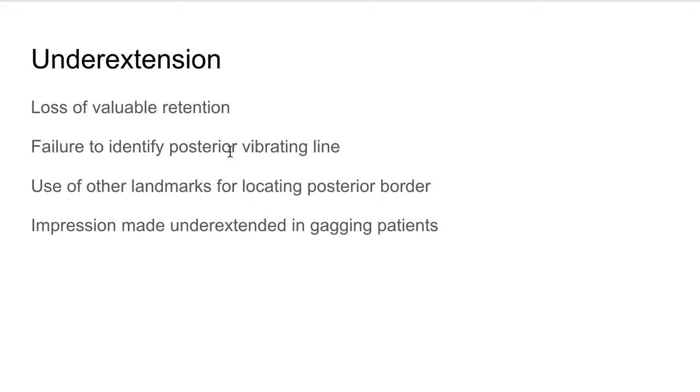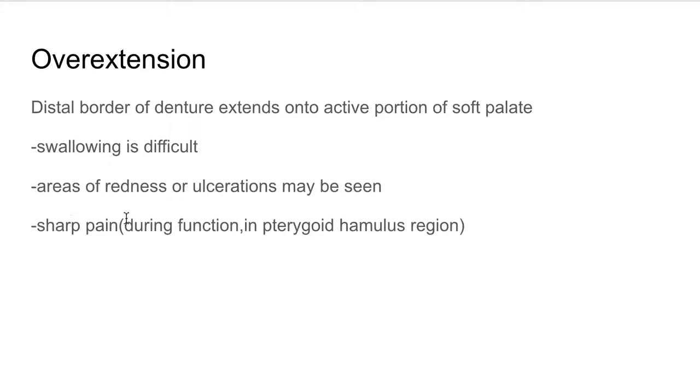Failure to identify the posterior vibrating line causes this, and the use of other landmarks for locating the posterior border leads to underextension. It may also be the result of patients with an extensive gag reflex where you can't fully take an impression accurately. So underextension causes loss of valuable retention, and overextension causes difficulty in swallowing, areas of redness, ulceration, and sharp pain.